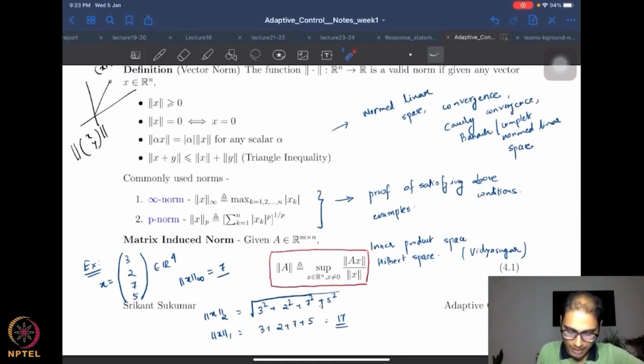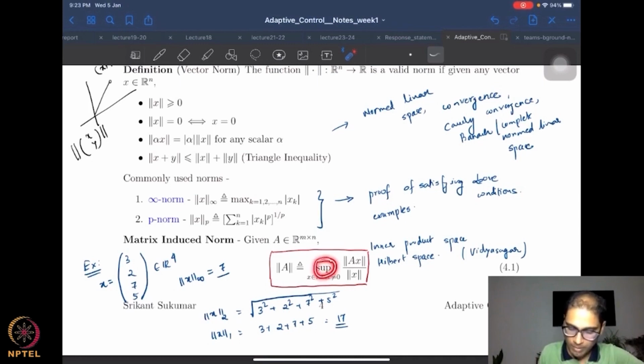The matrix induced norm, that's why it's called the induced norm, because it's induced by a vector norm, is simply measuring the maximum magnification of any vector by a matrix. That's why you see this definition.